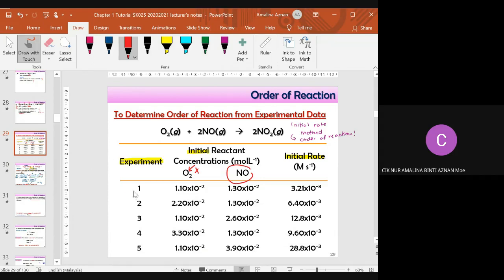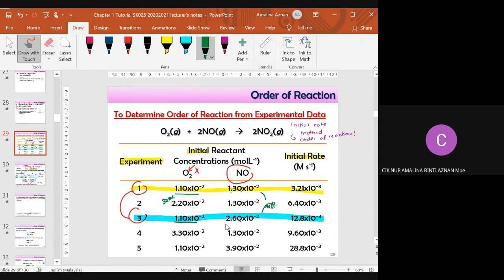Okay, so kita boleh compare eksperimen 1 dengan 3. Okay, so you can see ini 1.1, 1.1. So ini yang sama, kekal constant. So this one untuk NO, nitrogen monoxide 1.3, 2.6. So ini yang different sebab kita nak cari dia punya order of reaction with respect to nitrogen monoxide.